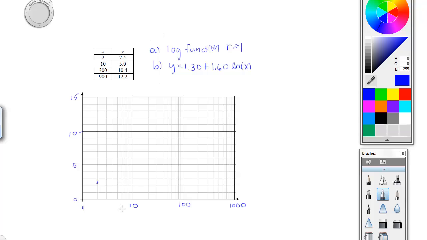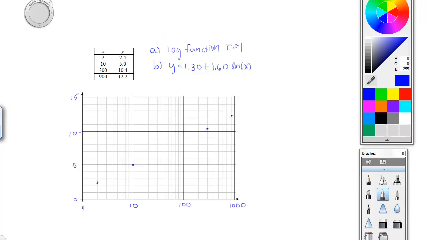And over 10 is obvious, up 5, and over 300 there's 100, and then this is what you're counting by, 200, 300, and up 10.4, that's 11, so 10.4 will be about right there, and then over 900 will be the line just shy of 1,000, and up 12.2, that's 10, 11, 12.